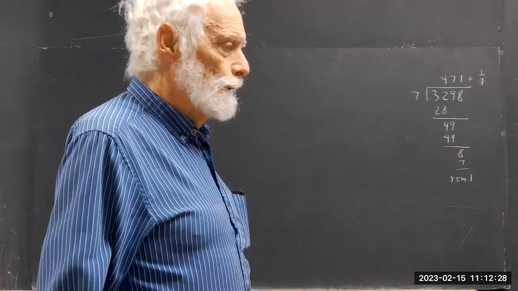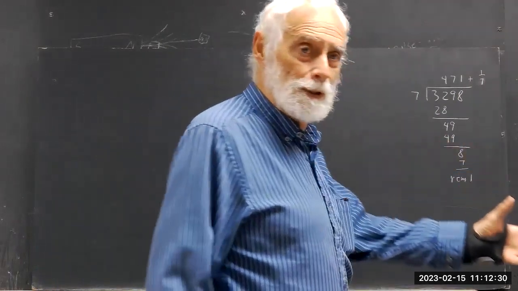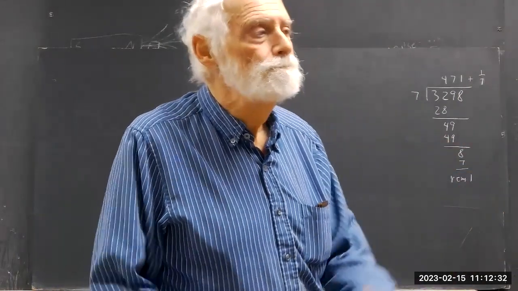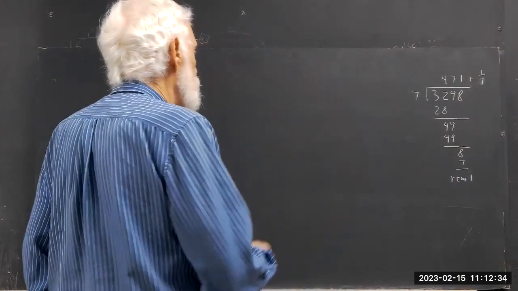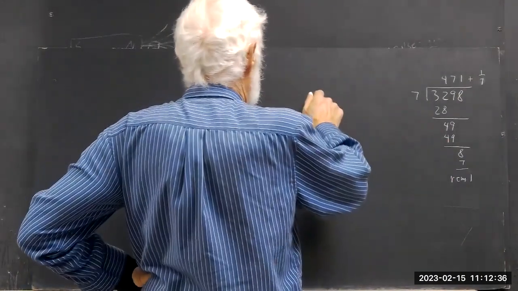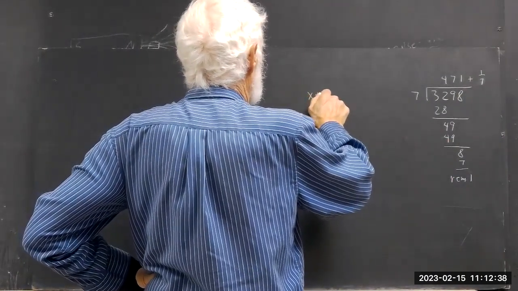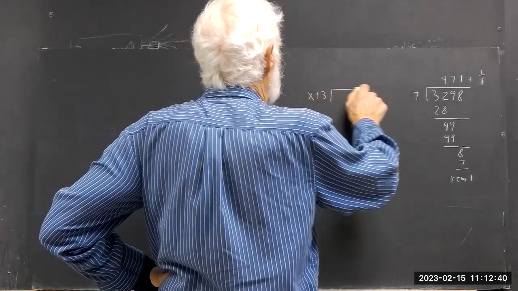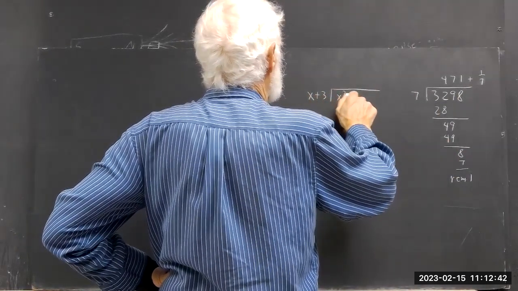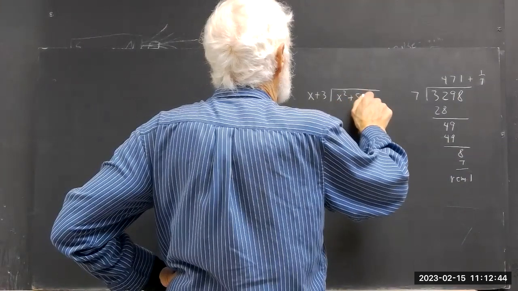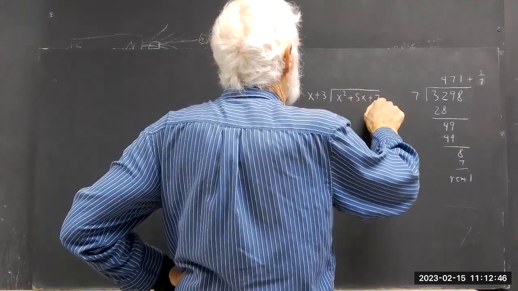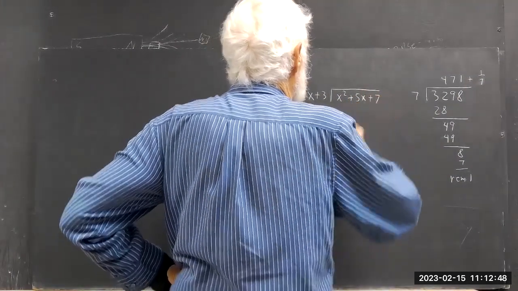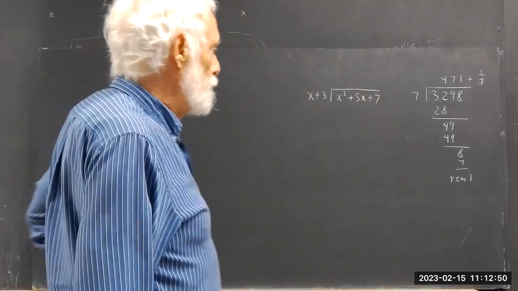Now, I don't know if that explanation made a lot of sense, but I'm going to explain the long division of a simple polynomial. Let's take x plus 3 into x squared plus 5x plus 7.